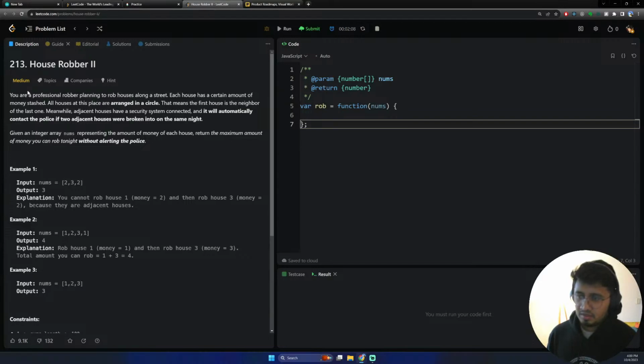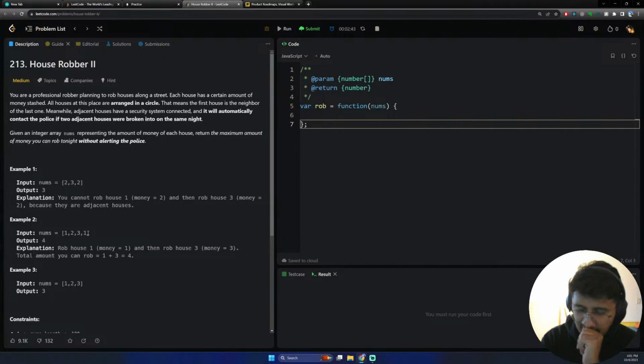If we see the input 2, 3, 2, you cannot rob house one and then rob house three because they are adjacent houses. So rob house one and house three, the money is equal to three. The amount you can rob is one and three. Okay, got it.